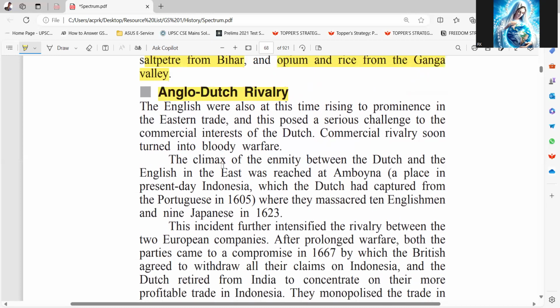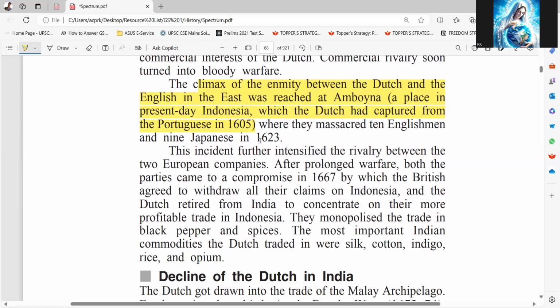The climax of the enmity between the Dutch and the English in the East was reached at Amboina, a place in present-day Indonesia, which the Dutch had captured from the Portuguese in 1605, where they massacred 10 Englishmen and 9 Japanese in 1623.